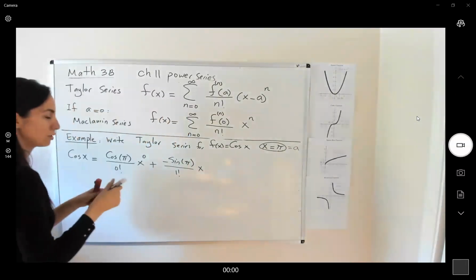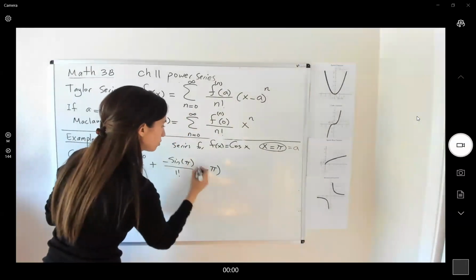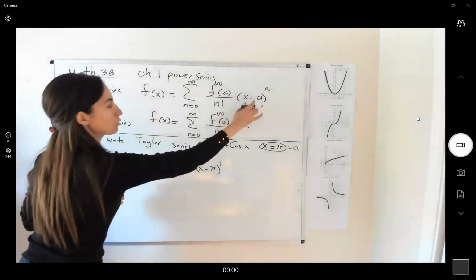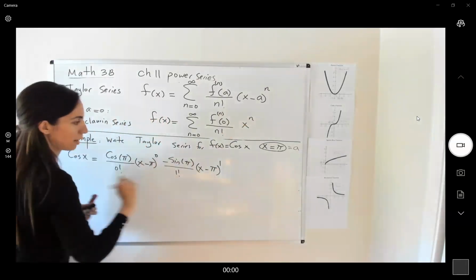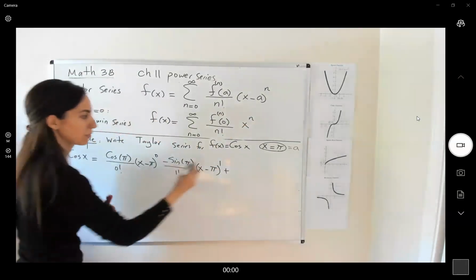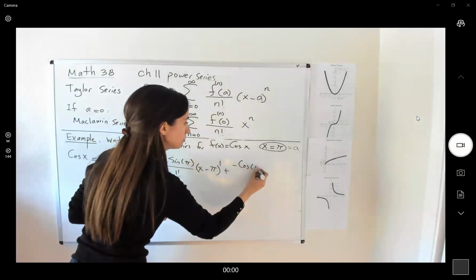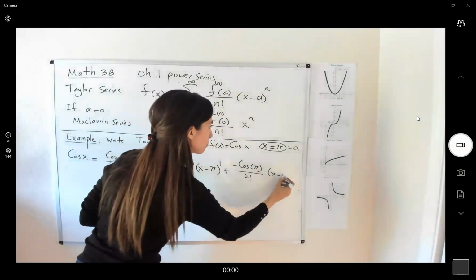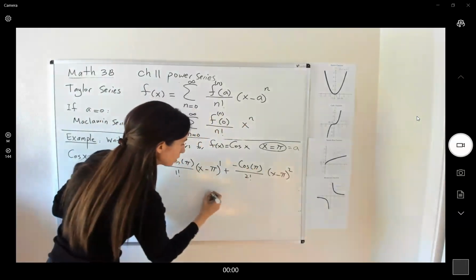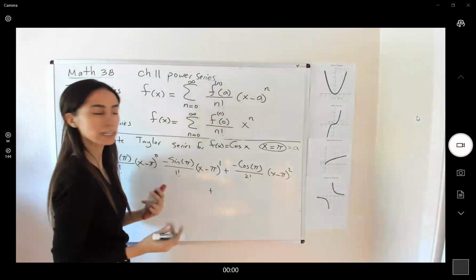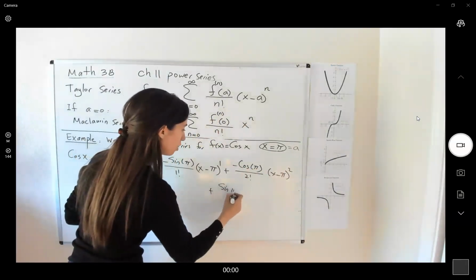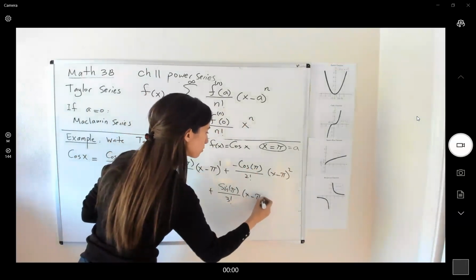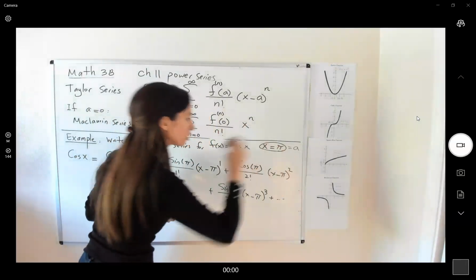Forgot to write this down. x minus pi to the first term. Here you get x minus pi into the formula 0 plus minus cosine pi divided by 2 factorial x minus pi to the second. Plus, you take the derivative of negative cosine, which is sine pi divided by 3 factorial x minus pi to the third, and you continue.